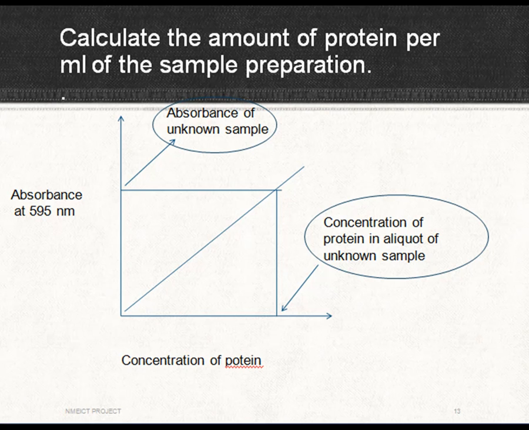The absorption of the unknown sample has to be plotted on the graph, and its corresponding concentration we need to find out. So that is how we are estimating the protein with the help of the Bradford method.